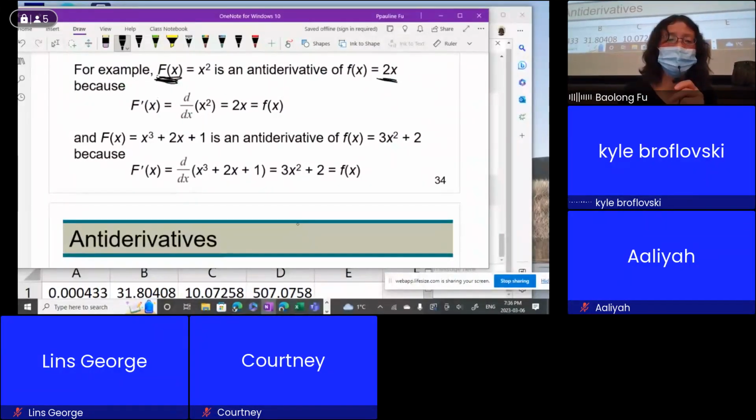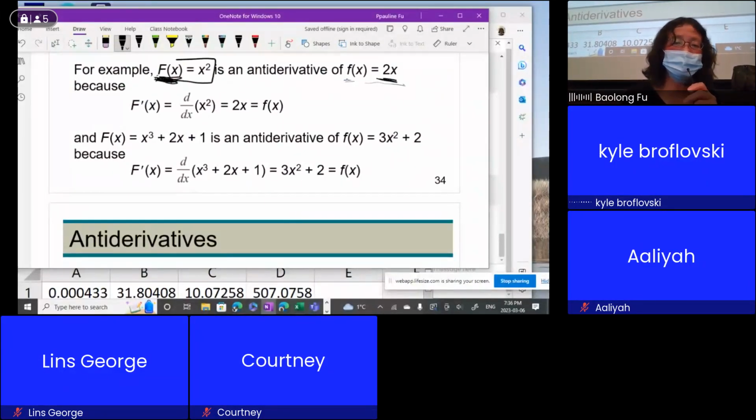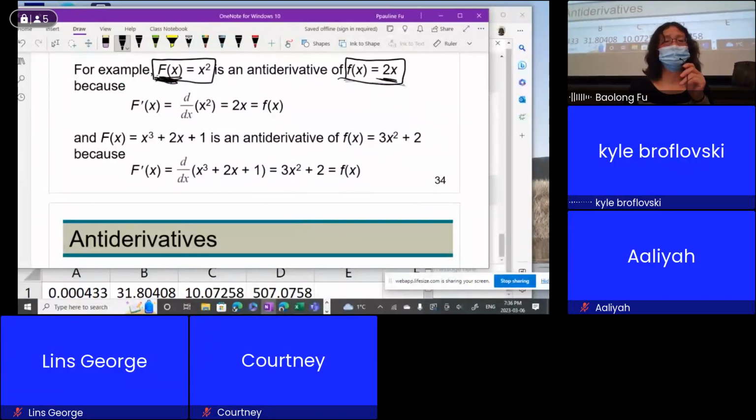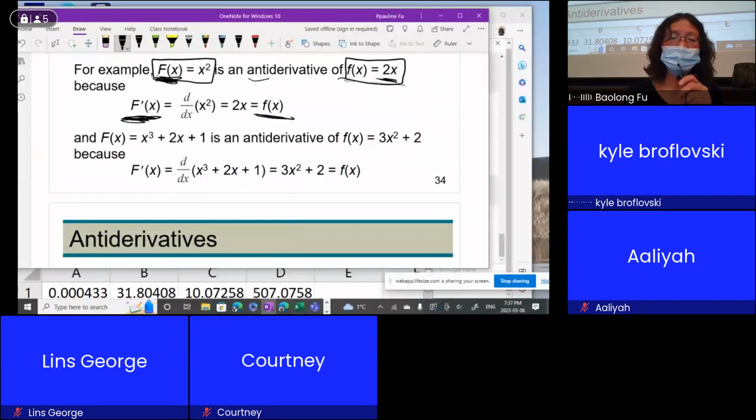One is capital letter F of x, the other is small letter f of x. What is the relationship between them in this example? The relationship is, if you take the derivative of capital F, you get small f of x. Did you see that? If this is the case, we call capital F the antiderivative of small f.